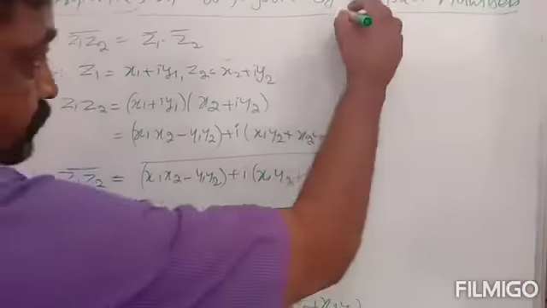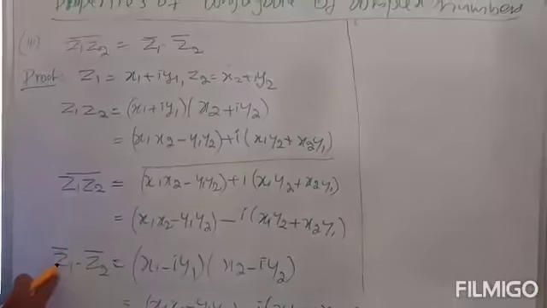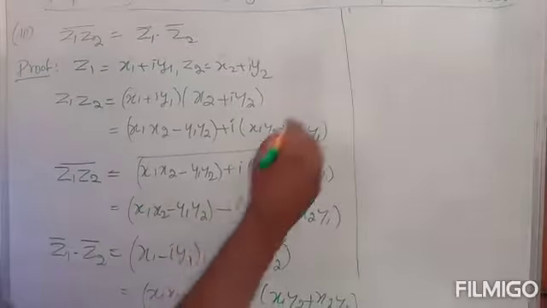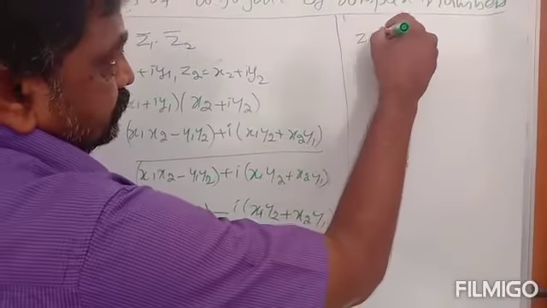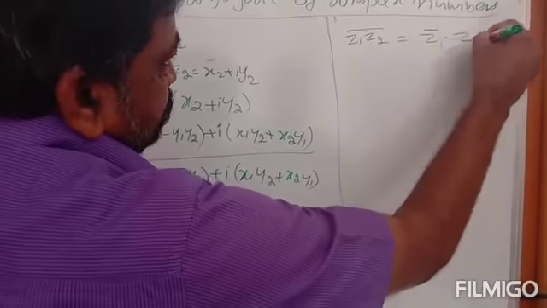So from these two, (z1 z2) whole bar and z1 bar into z2 bar are the same. So we can write (z1 into z2) bar is equal to z1 bar into z2 bar.